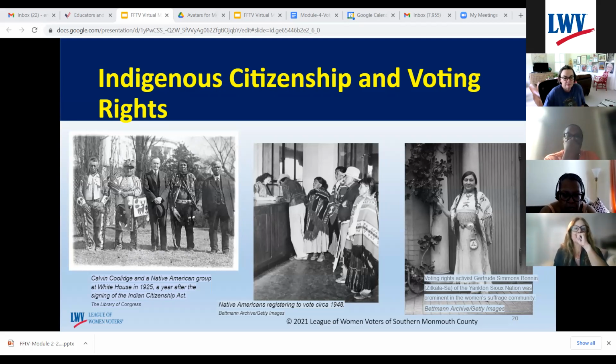They wanted to use suffrage and US citizenship to save their land and their communities. After the 19th Amendment was ratified, Bonnin spent the next several years going to white women and saying, now you have the vote. Please fight for my people. Don't forget your Indian sisters.